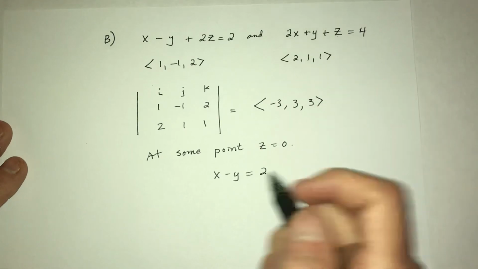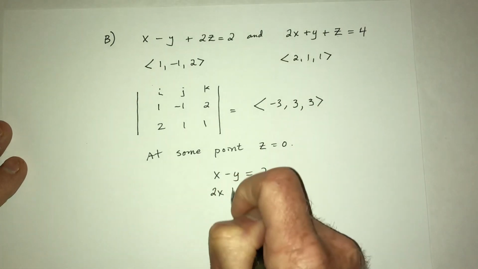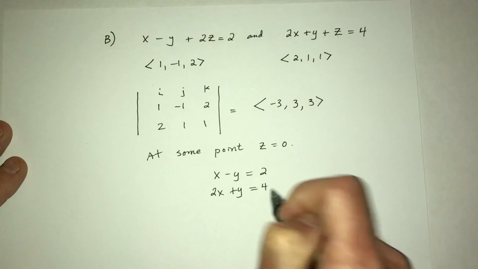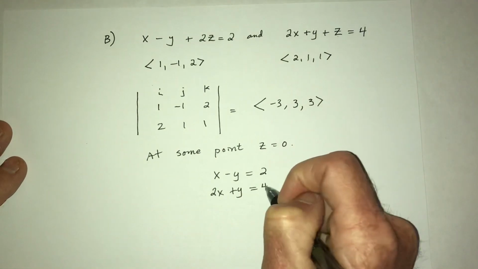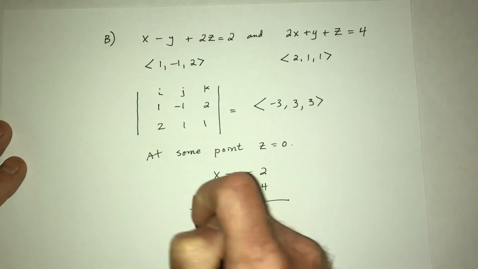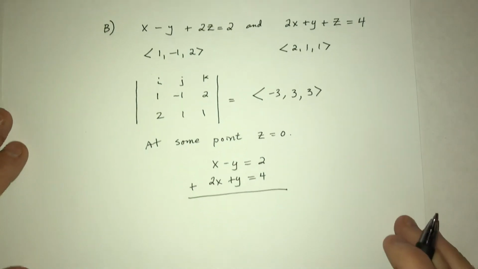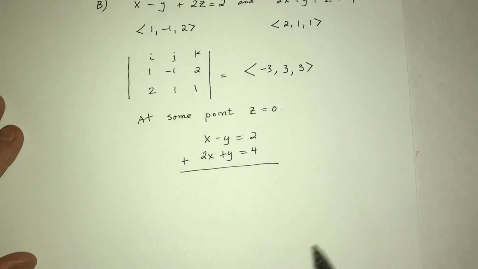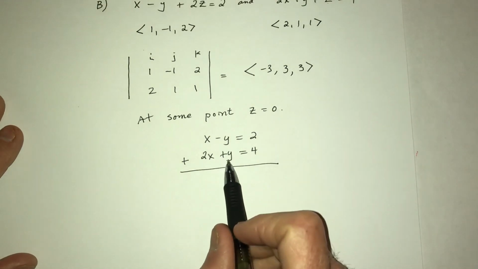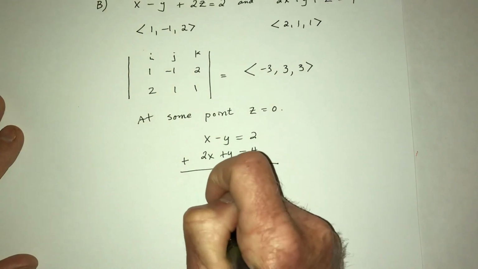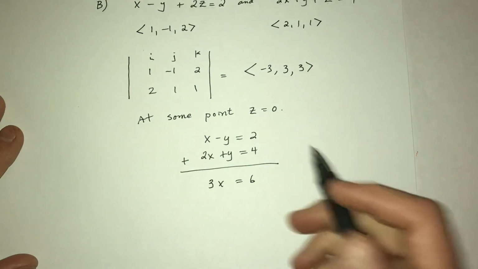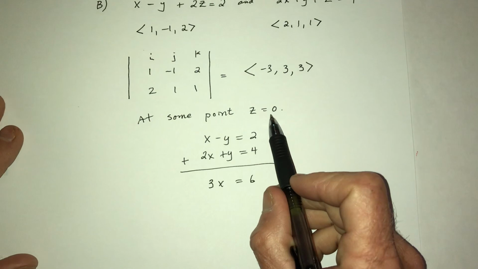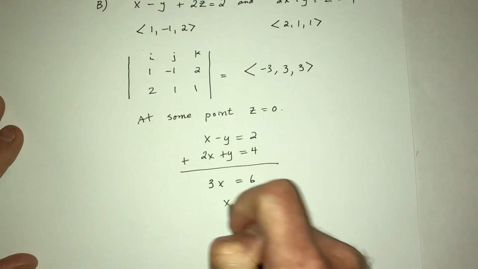This equation would become 2x plus y equals 4. Then we've got two equations and two variables, so you could use elimination method to solve for x and y. So add those together, the y's will cancel. This is going to be 3x equals 6. So the point when z is equal to 0, turns out that x is going to equal 2.